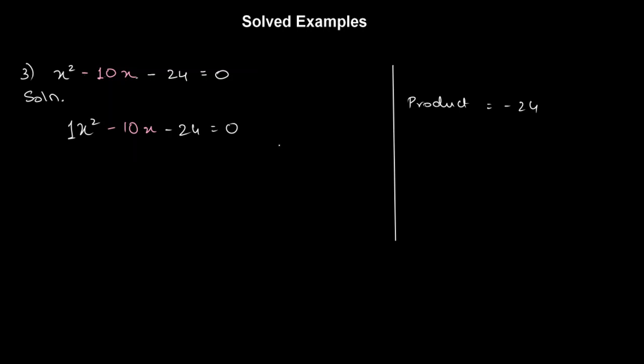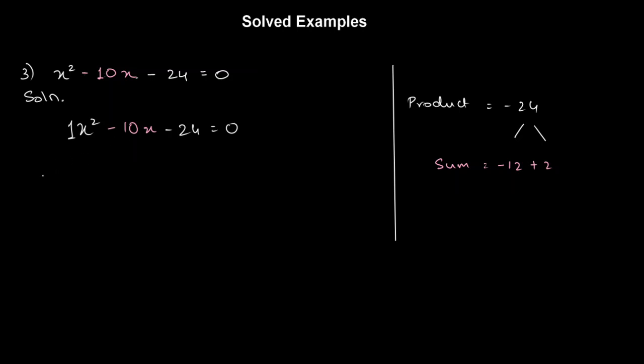Now I want two numbers which when multiplied give me minus 24, and when I add them up, their sum should be equal to minus 10. So if you think about it a little, minus 12 and 2: minus 12 into 2 gives me minus 24, so the product is right, and minus 12 plus 2 gives me minus 10. So these are the two numbers that I was looking for.